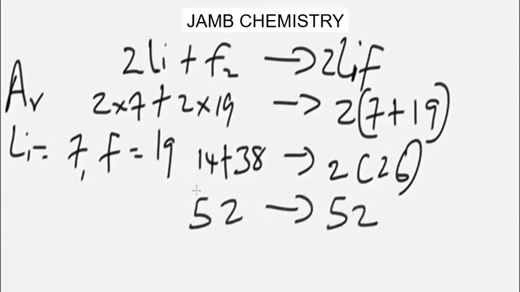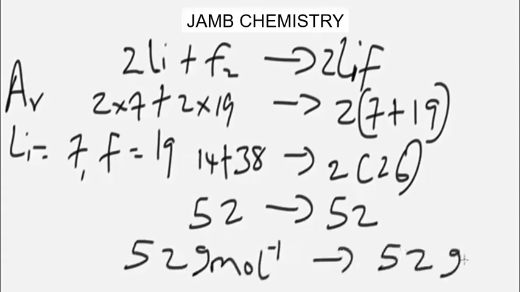So we have the relative formula mass on the left to be 52. The unit is gram per mole. This one on the right is also 52 gram per mole.